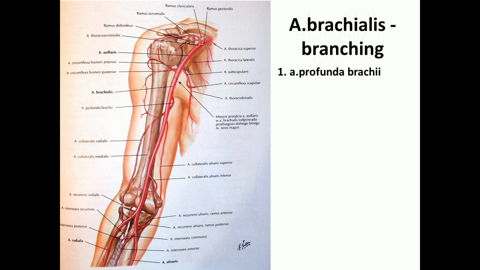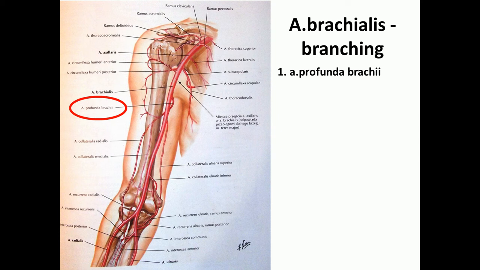Now, what are the main vessels of arteria brachialis? First of all, arteria profunda brachii. Here it is. Profunda brachii starts at the place where canalis spiralis begins. Canalis spiralis is a special canal between the humeral bone and musculus triceps brachii.